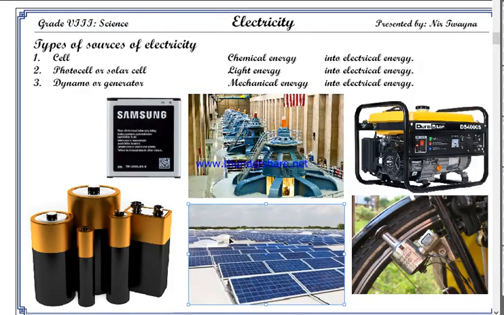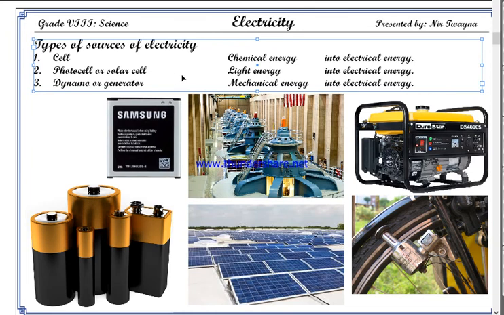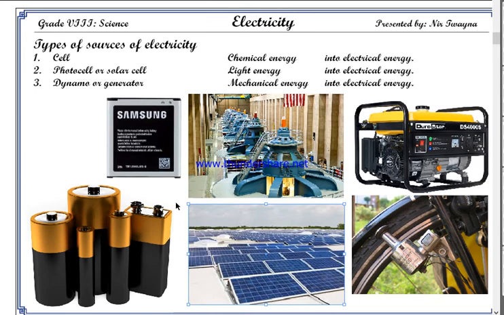So you can say the solar cells or photocells are the devices that convert light energy into electrical energy. The amount of electricity produced by a single cell is very small, around 0.89 volt. That is not significant for our use, is it?